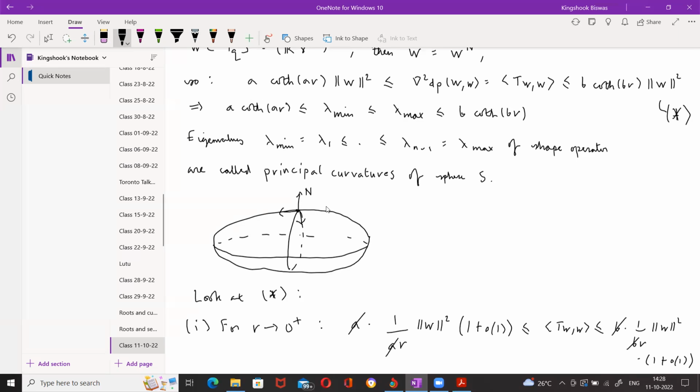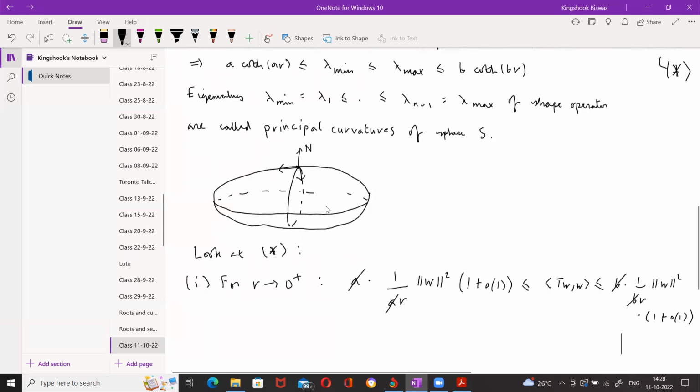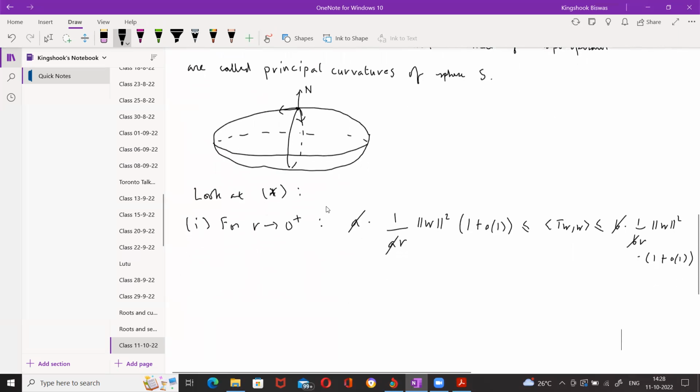And that is the same as the principal curvature of a Euclidean sphere of radius R. So what does that mean?